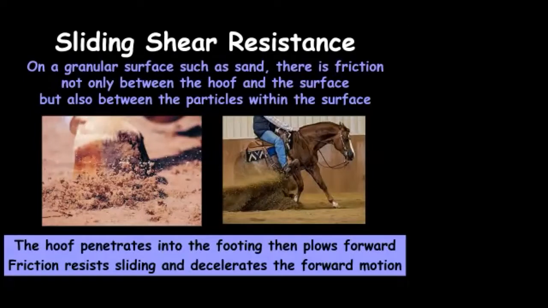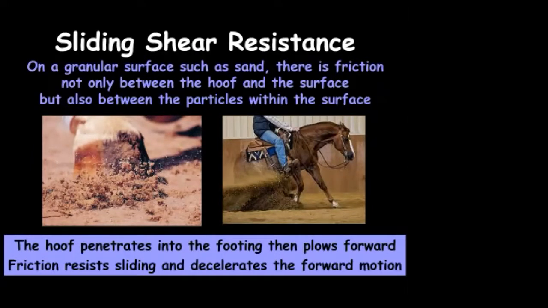Now, when we have horses working in a granular surface, and a granular surface would include sand, most of the surfaces that we actually work the horse on are granular. And on these surfaces, the hoof is able to penetrate a short way into the surface as that surface is absorbing the vertical motion.